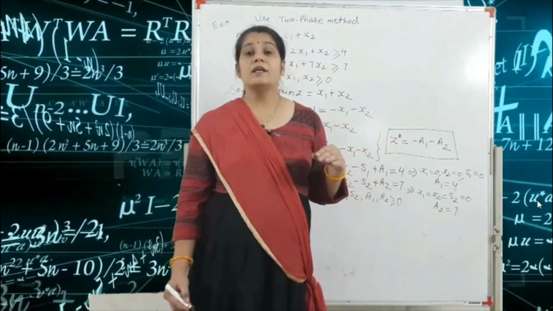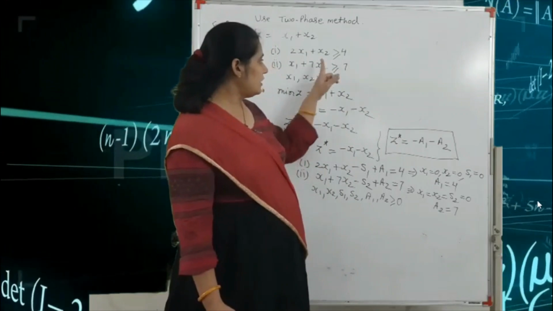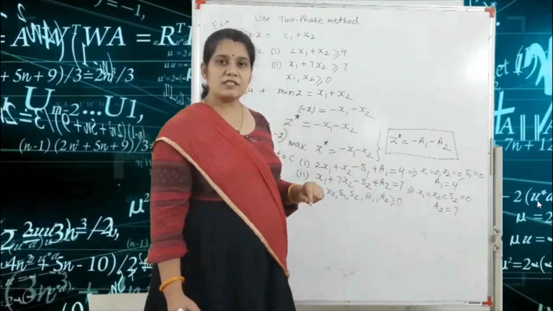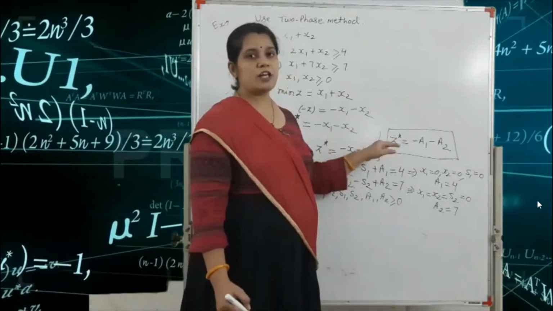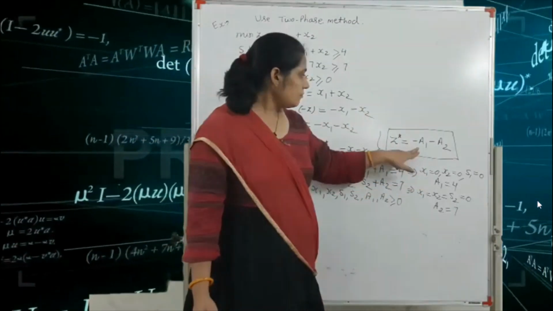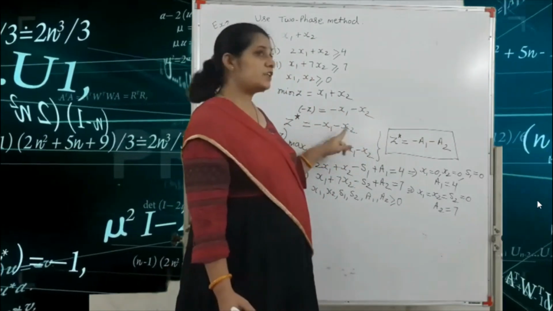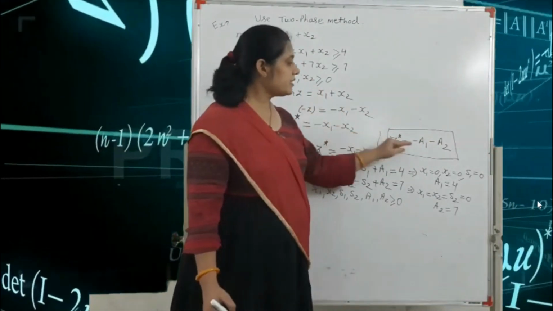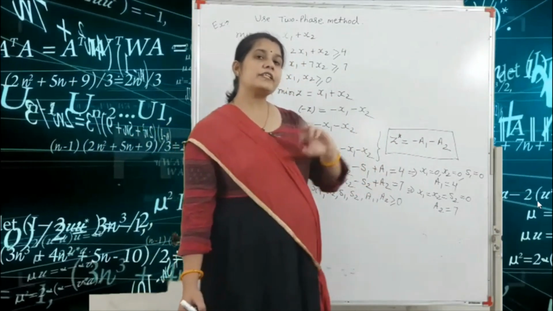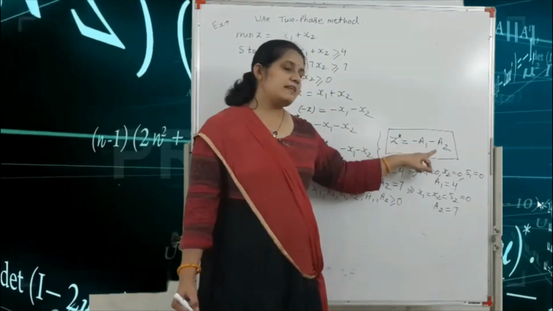Then only the a1 artificial variable is present in the constraint equations. In this question, we write only a1 and a2, not x1 and x2, in the artificial objective function, because the constraints include two artificial variables a1 and a2, so we write minus a1 and minus a2.